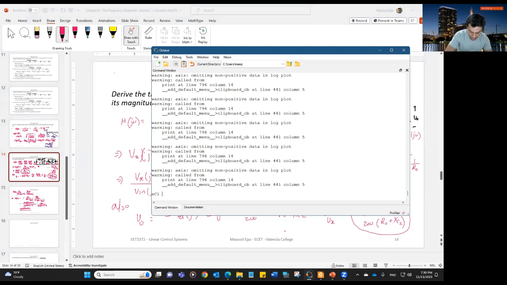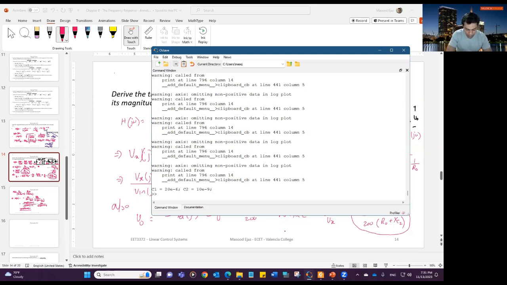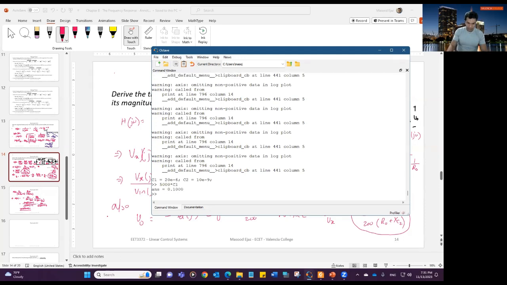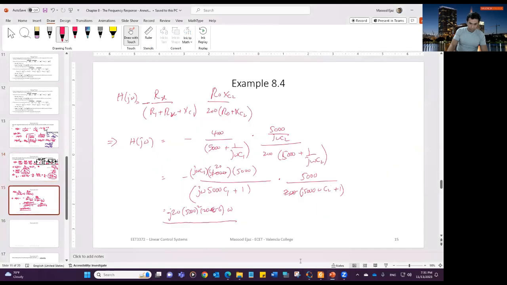C2 is 10 nanofarad. So 5,000 times C1 is 0.1.